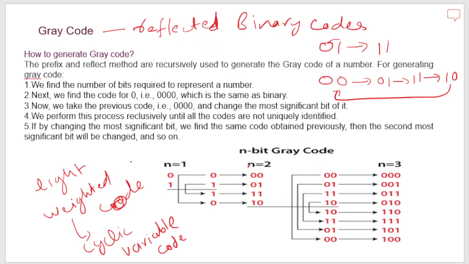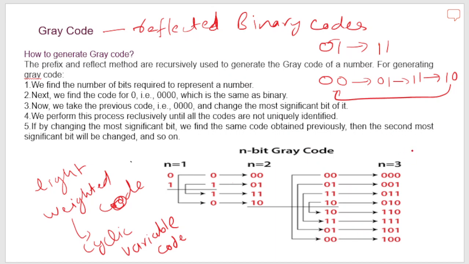So if we want to go for n equal to 3, we will put these as they are, put one line that acts as a mirror, and copy them in reverse. We will write 4 zeros and then 4 ones. So it is the same, 0 0 0, 0 0 1, 0 1 1, 0 1 0. Now come 1 1 0, 1 1 1, 1 0 1, 1 0 0.